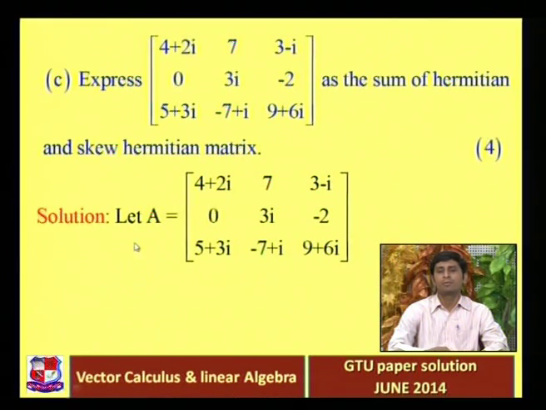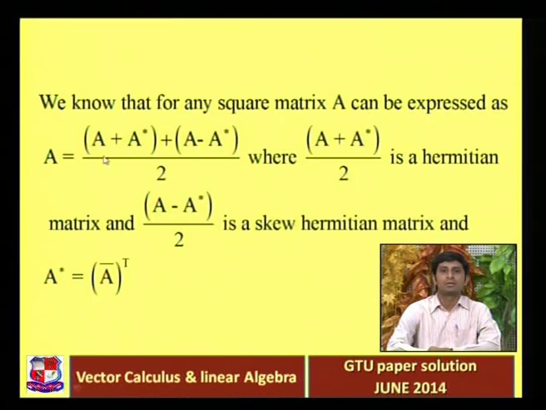Now there is one important result, that we know that any matrix can be expressed as the sum of Hermitian and skew Hermitian matrix, right. How? A is always equal to (A plus A star) divided by 2 plus (A minus A star) divided by 2. So we know that for any square matrix, A can be expressed as A plus A star divided by 2 plus A minus A star divided by 2.